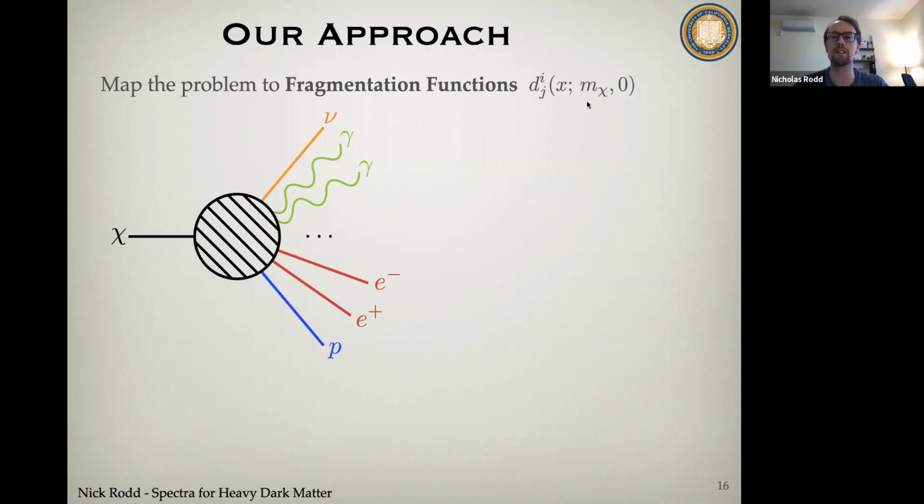A fragmentation function says, let's say I start out with some particle, J, at some high virtuality scale. Here I'm of course using the dark matter scale, but it could be some arbitrary scale. I want to know what is the probability of producing some other state, or it could be the same state, I, at a lower scale. Here I'm imagining some low IR scale that I'm labeling 0, carrying a fraction of the energy X of the original energy. I know that's a lot of words, but if you think about it for a moment, there are clearly some similarities between what a fragmentation function is and exactly what I'm doing when I'm calculating the spectra of these particles here.